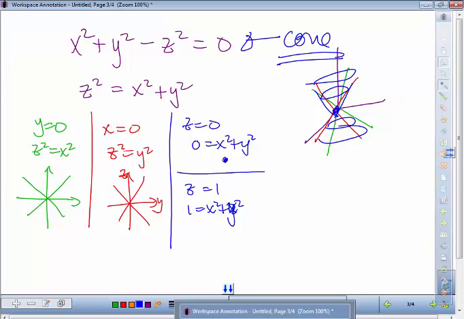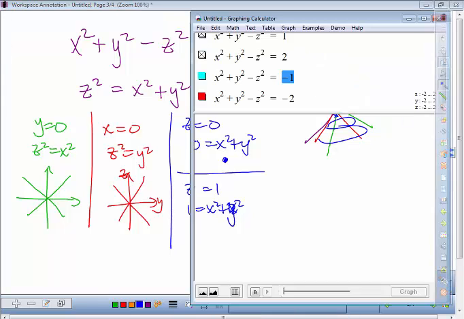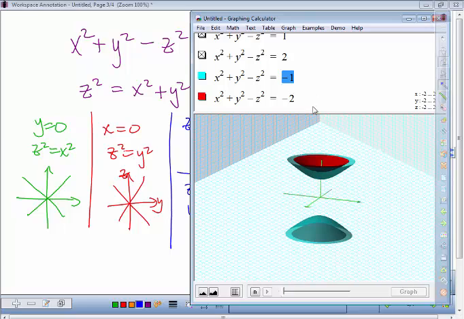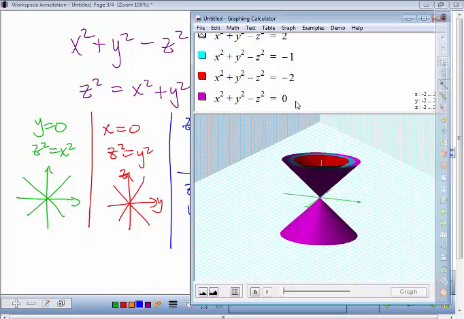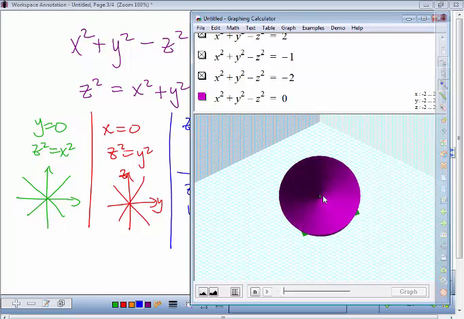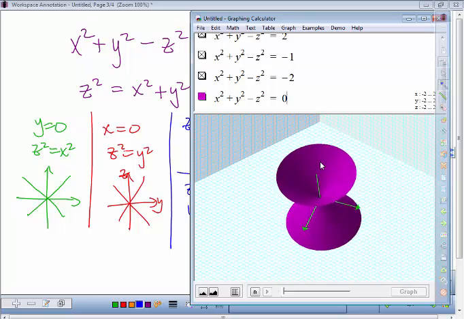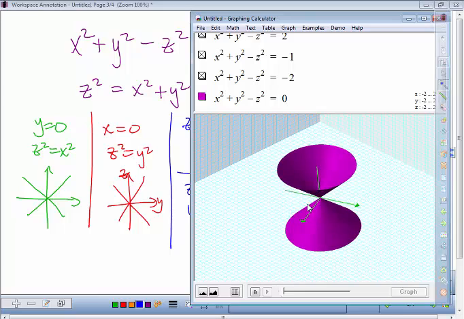And that would be nice to see over here as well, if you take a look at the graphing calculator. So that's just a cone. And sometimes the cones can be described differently in different ways.